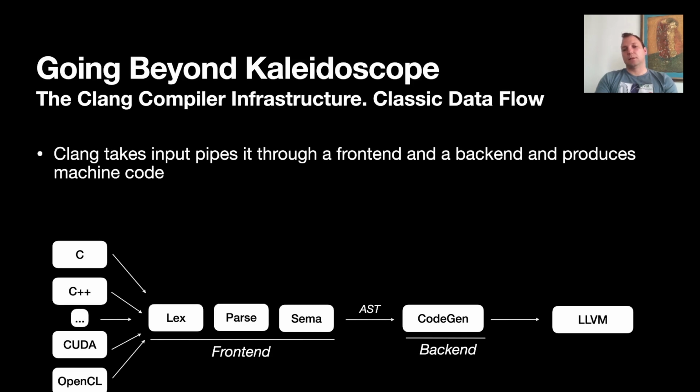Then this AST is passed to the codegen, which goes over the AST and figures out what kind of LLVM IR needs to be produced. Then this IR gets optimized and lowered to machine code and so on, so we can use all the great features from LLVM.